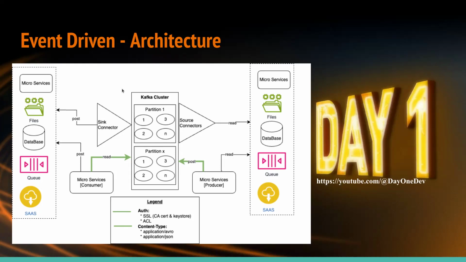So the one part I want to highlight here is the green color I called out in both places. These are the legends, I want you to look at it. The authentication, you have to be very careful. Authentication should be SSL based if you're using it on a Kafka cluster, and it is highly recommended to use content types, one of the two which I listed here, Avro and JSON, or application formats.